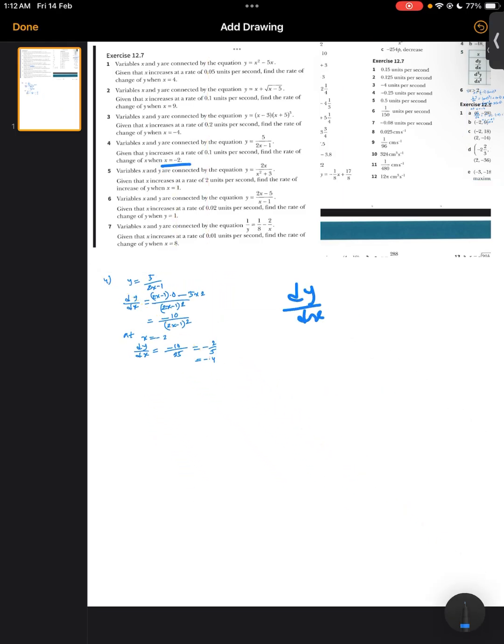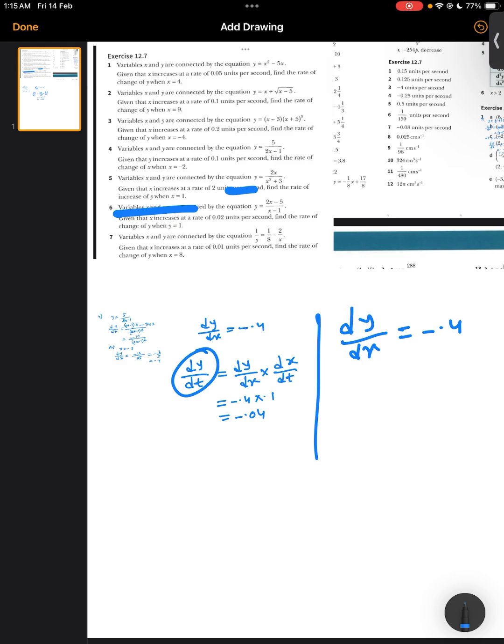So dy/dx is minus 0.4, dy/dt is equal times dx/dt.